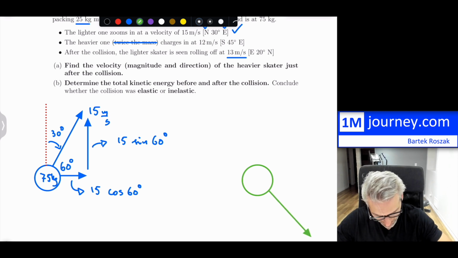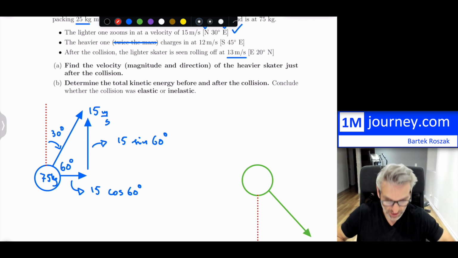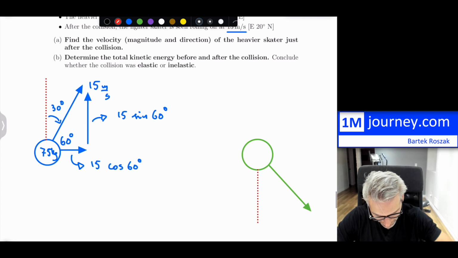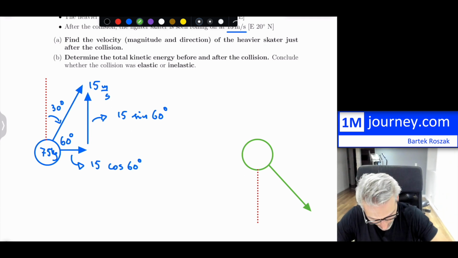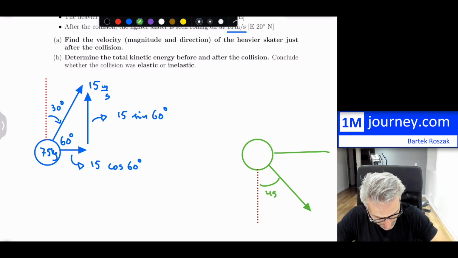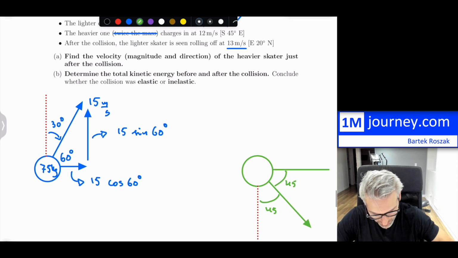All right. And again, what this means is you're starting south, so it's going to be like that. And then this angle right here is 45. Well, that means with regards to this, this is also going to be 45. So that's going to be useful because we're going to be breaking that into its components. So that is 12 meters per second.